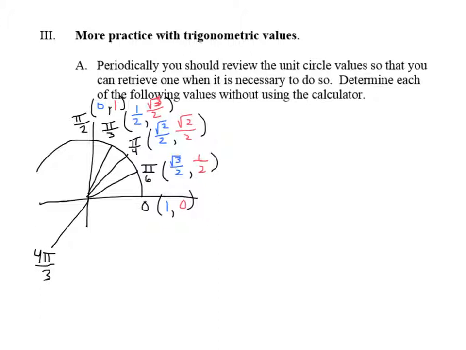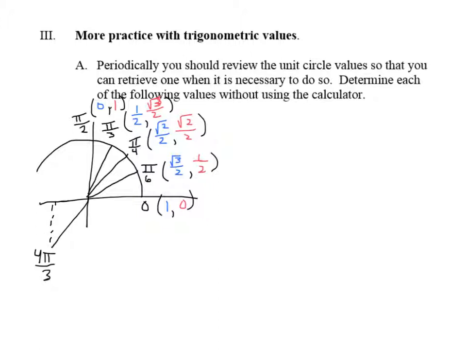And then I would know that the two numbers that go with the sine and the cosine values that go with that point are going to be along the lines of the 1/2 and the root 3 over 2. So I just need to figure out which one's which and whether I need negatives or positives.